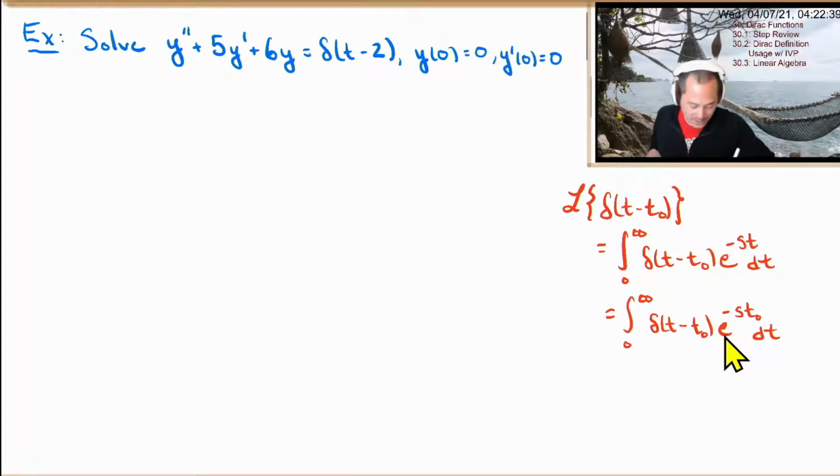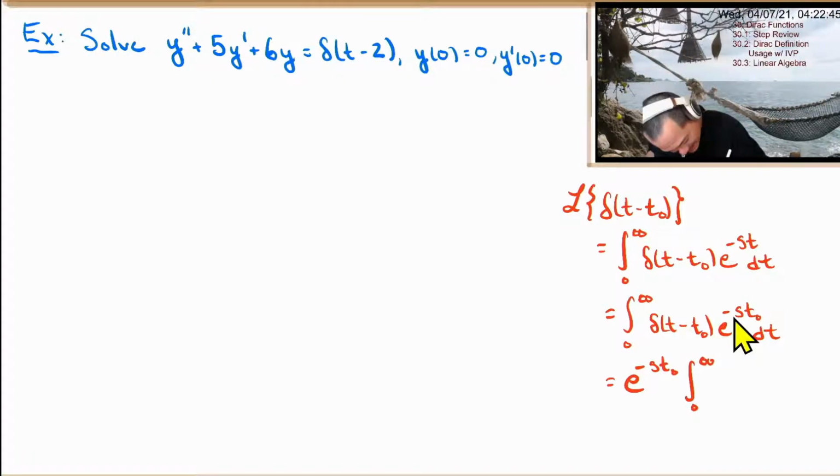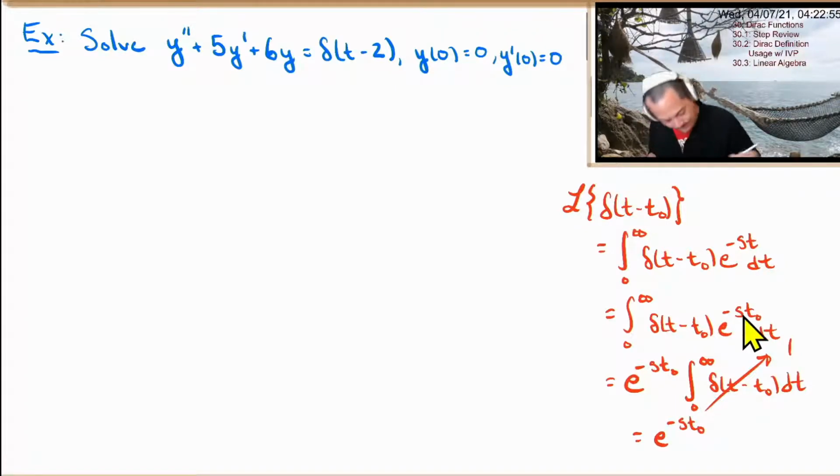But this exponential can just be factored out front, leaving behind the integral of the delta. But the integral of the delta is the number 1. So this leaves us with e to the negative st naught. Which totally makes sense, right? The Laplace transform of the delta is an exponential, because what does an exponential tell us on the Laplace side?